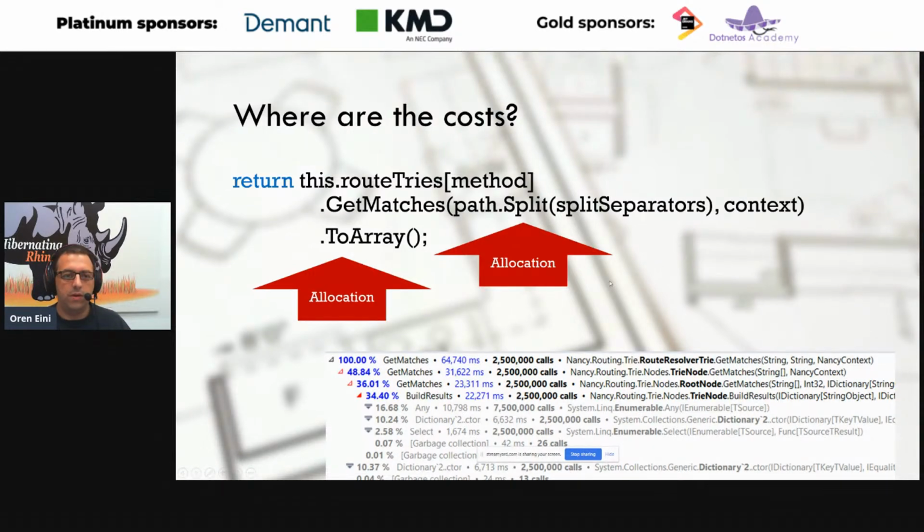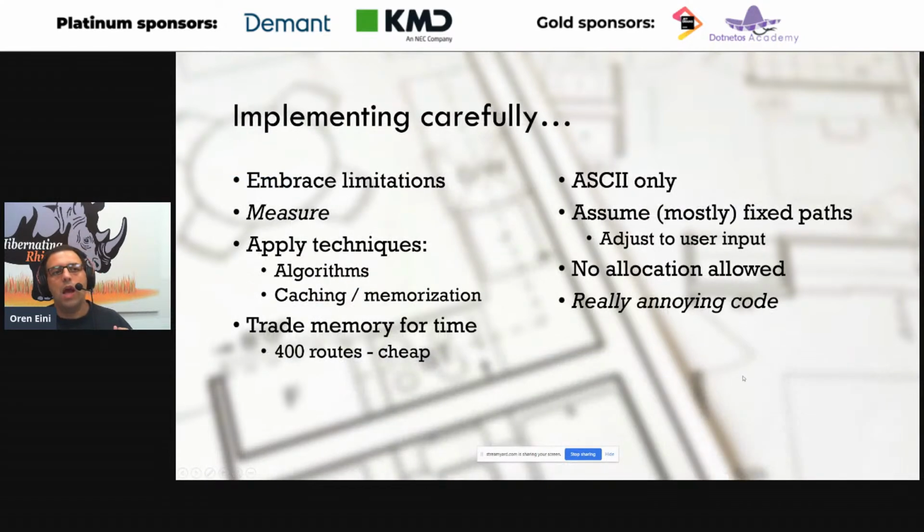So I can try to do better. The first thing that I did was figure out what's going on. Some routing systems use regexes and are insanely complex. I decided that I don't need everything. All I needed to do was to look at the routes that I have.